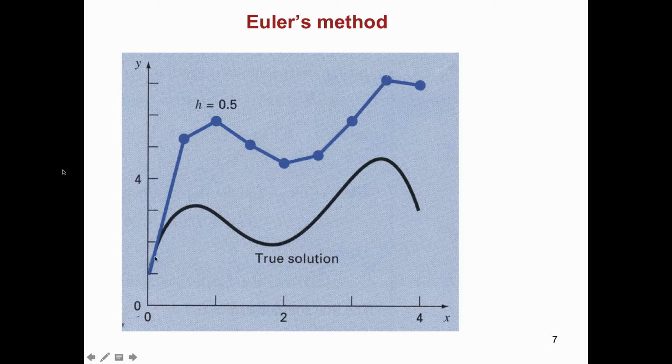I kind of go too far. It starts really well, and then it shoots up too far. So obviously my h should be smaller so I don't make such gross approximations for too long of a step. If my h was 0.25, I wouldn't be making such a big mistake. It would take me here, and that's fine, and then I would recalibrate, reevaluate my slope, and go from there. Because at every point I reevaluate my slope.